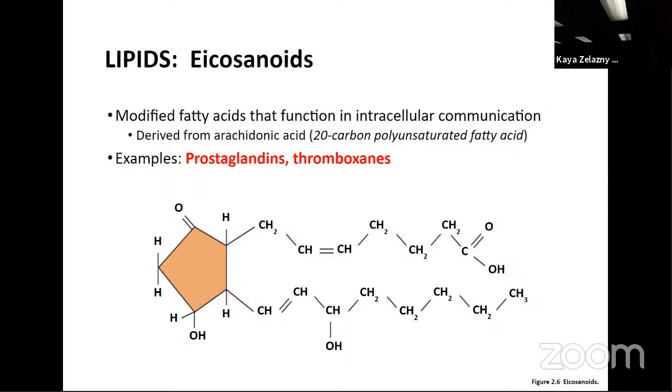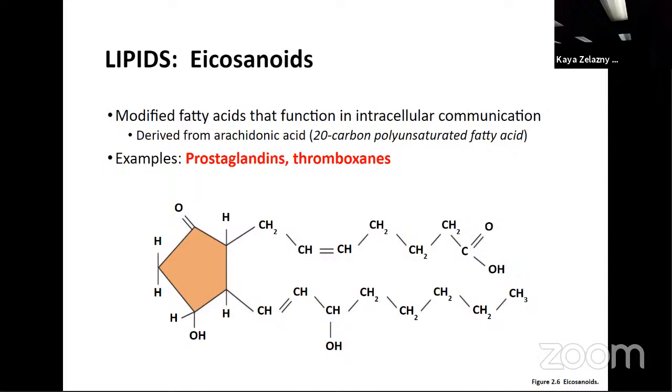So we do have a couple rarer forms of lipids. Again, they're going to be linked with this group based on the fact that they just have a lot of carbon and hydrogen, and they're therefore non-polar. So they're going to try to escape water. They're going to be hydrophobic. So these eicosanoids are a rarer category of lipid for us.